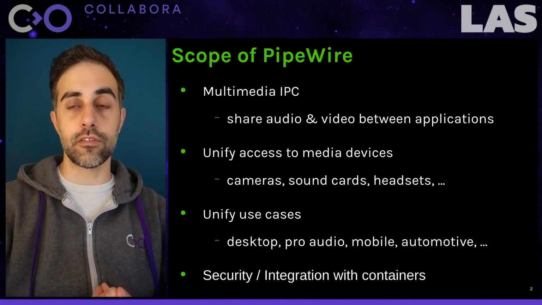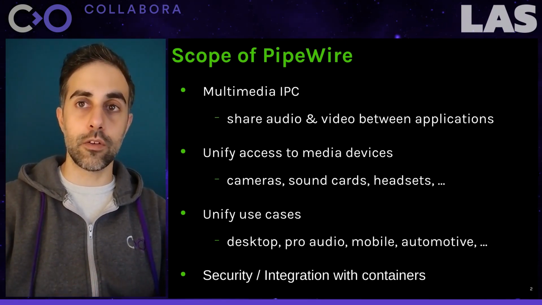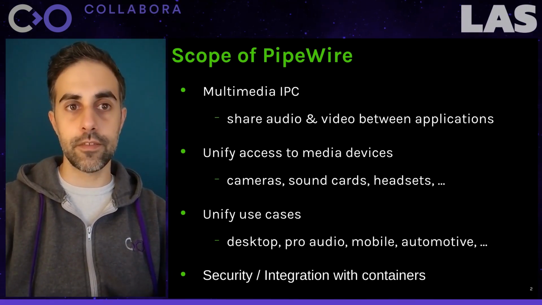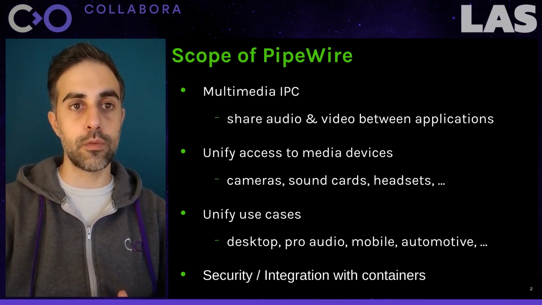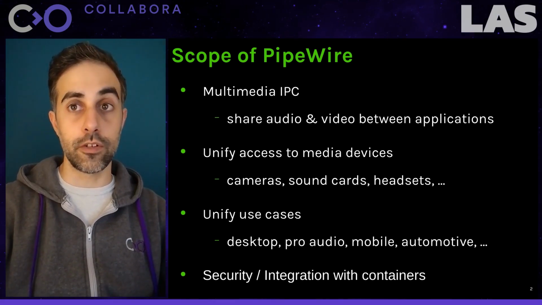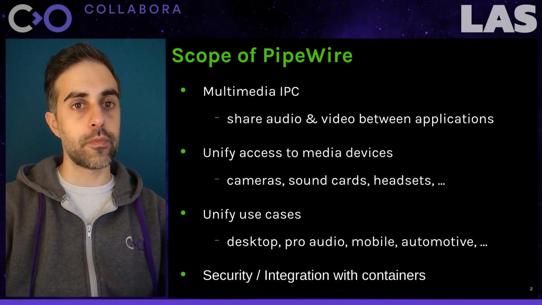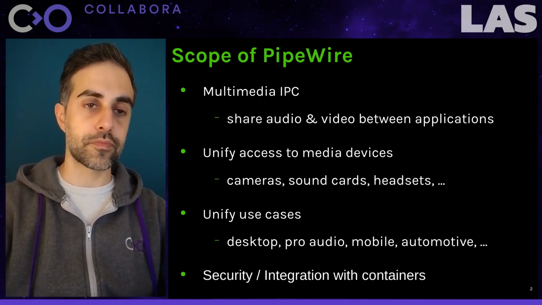But then we had also JACK, which provides the audio server for professional audio. And these are two very different kinds of use cases where you want to use audio and audio devices on your system. And PipeWire is trying to bridge those two and more.